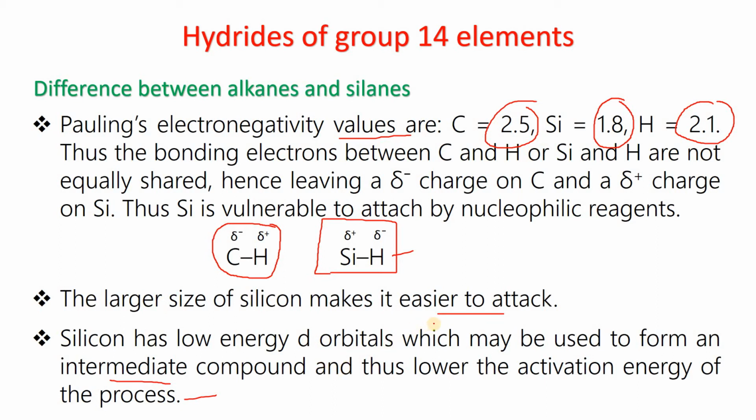So if the incoming nucleophile is coming, the fifth bond formation is quite difficult, but in case of silicon we have d orbitals, so the possibility of formation of the fifth bond is more favorable as compared to carbon. Thus the activation energy is lower. So the lower the activation energy, the faster the reaction.